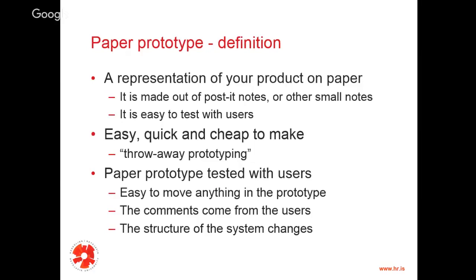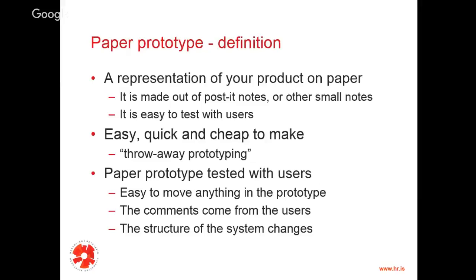A paper prototype is a representation of your product on paper, and it's easy, quick, and cheap to make. And you can test those with users. That's maybe the most positive thing, that you can move anything in the prototype directly there.